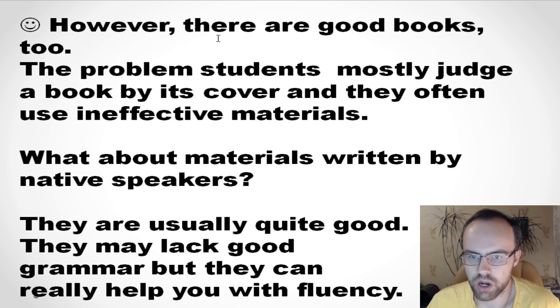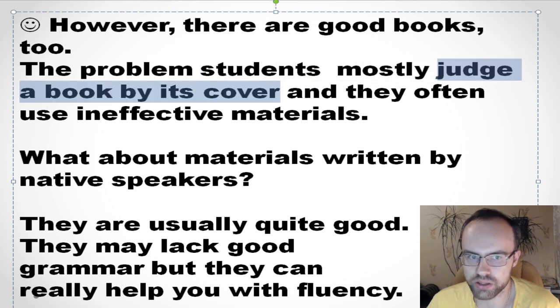However, there are good books too. But the problem is that students mostly judge a book by its cover. A nice phrase. What does it mean? Students mostly judge a book by its cover. It means that there are so many colorful, bright books with very good, colorful illustrations, and students choose them first of all.